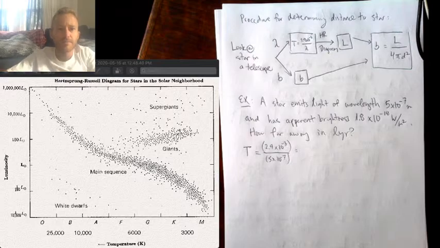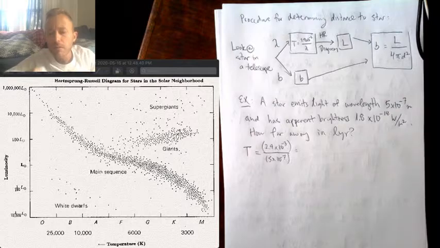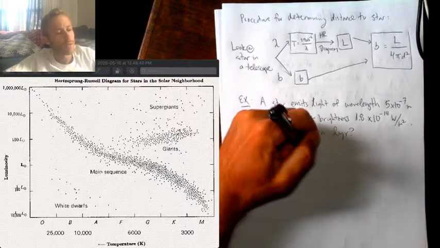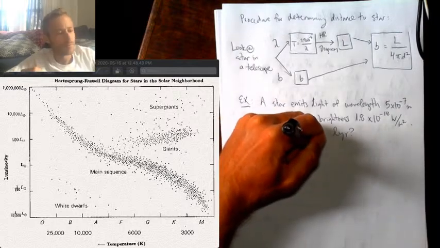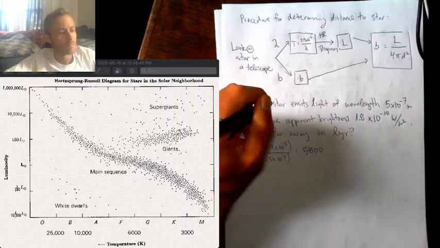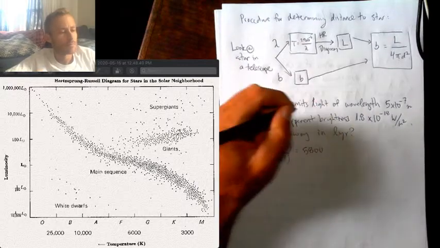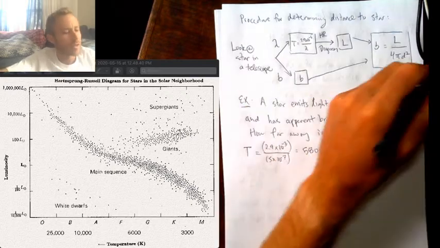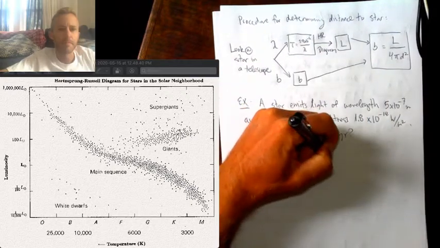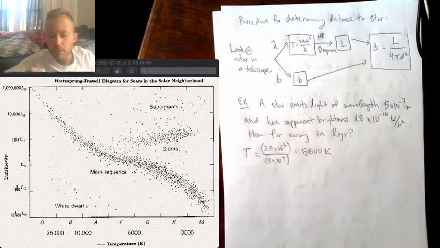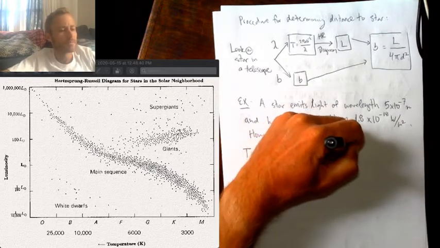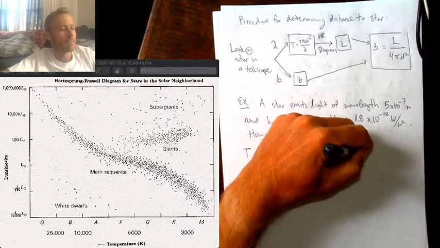And I get 5,800 Kelvin. So that's roughly 6,000 Kelvin. All right.